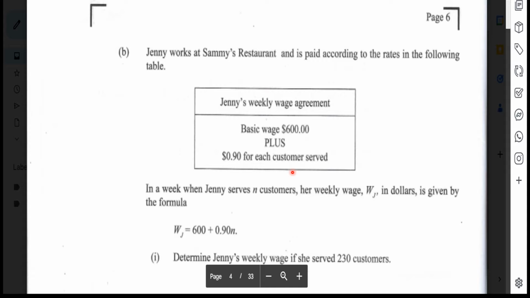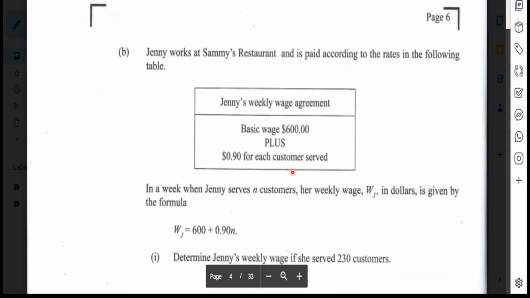In a week, when Jenny serves N customers, her weekly wage WJ in dollars is given by the formula WJ is equal to 600 plus 0.90N. Determine Jenny's weekly wage if she served 230 customers.